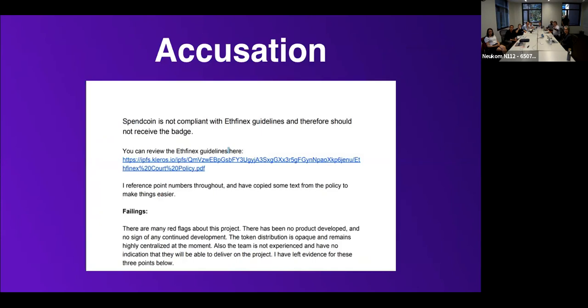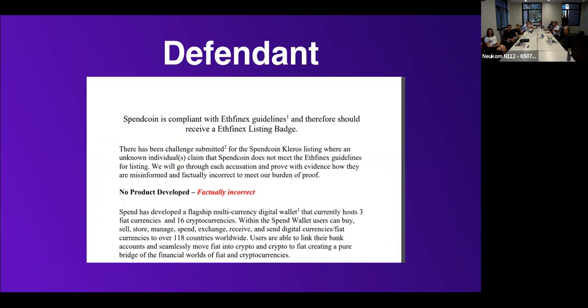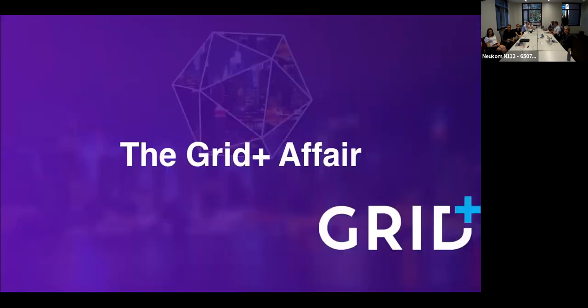This is all available if you want to read it. So why the challenger thought that this token should not be in the list. And then the defendant also had a PDF refuting point by point why they thought it should be accepted.